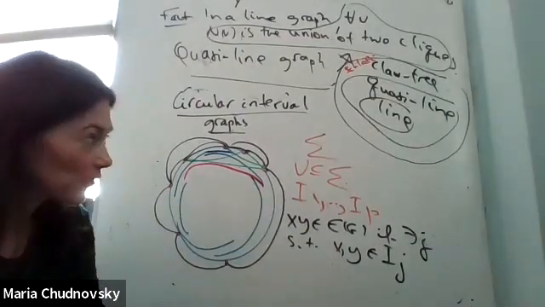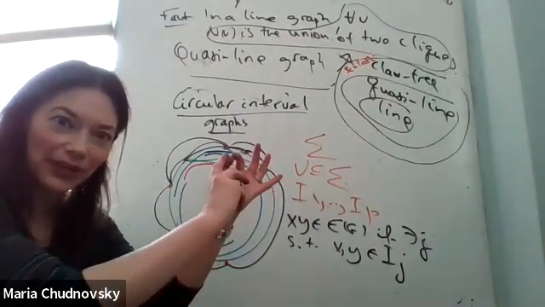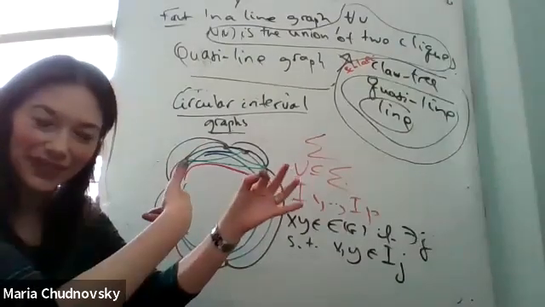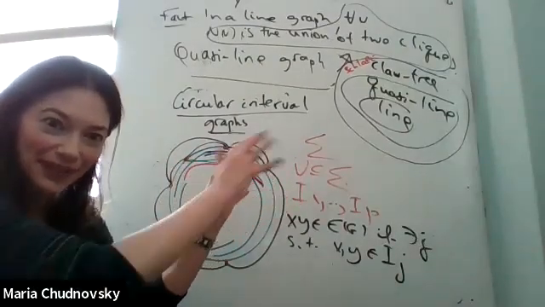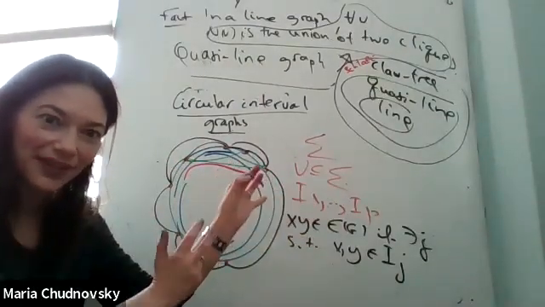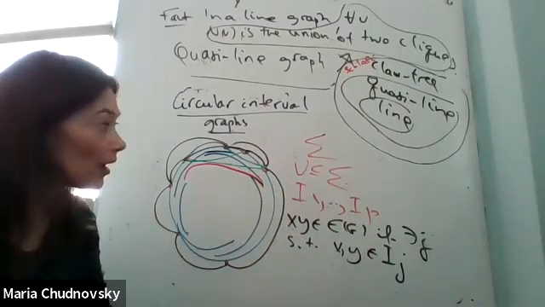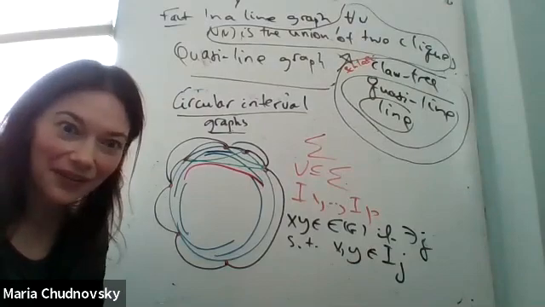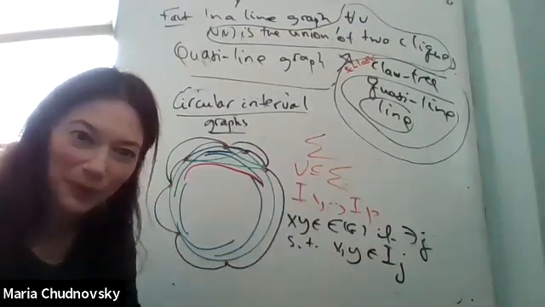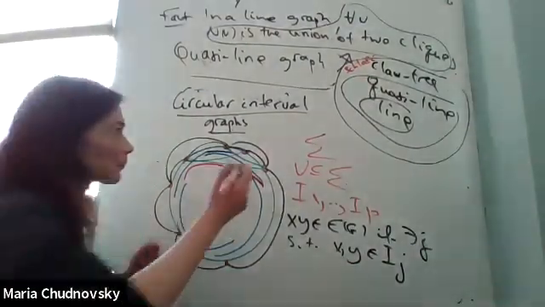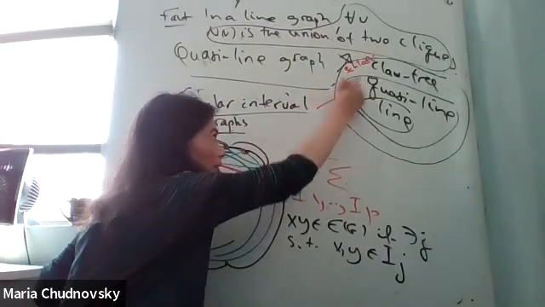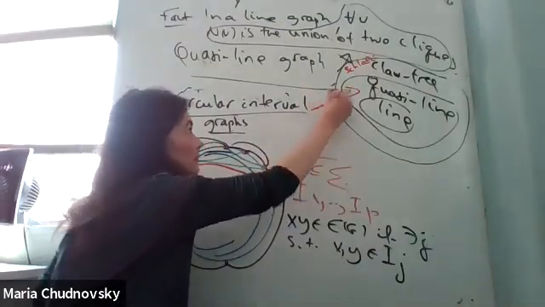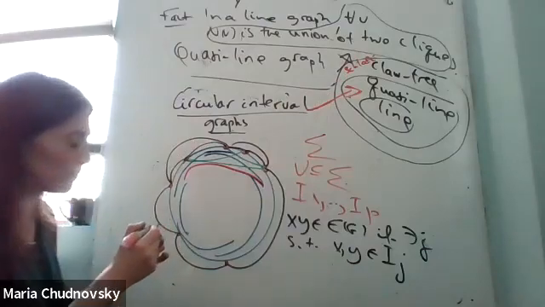And you can check that it's a quasi-line graph, because for every vertex you look at its clockwise neighbors and its anticlockwise neighbors. There's an interval that contains all the clockwise guys, and there's an interval that contains all the anticlockwise guys. And you can check that it's not a line graph, and that's harder. It's in some paper somewhere, but you can do it.